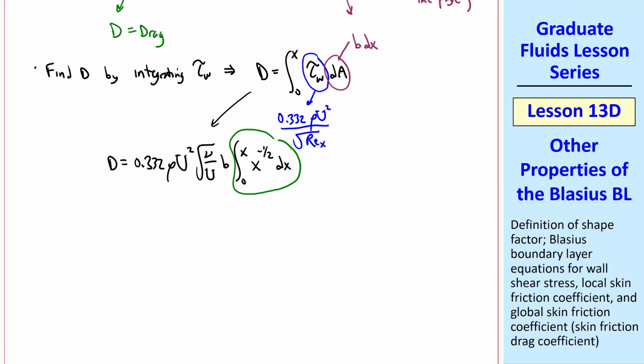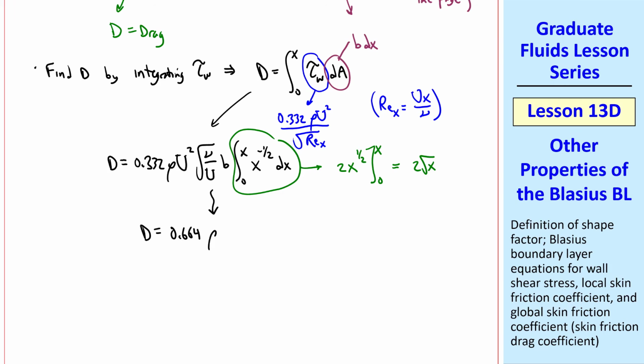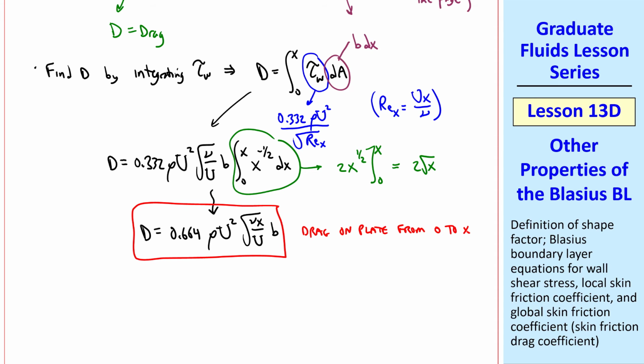This is a simple integral, namely 2x to the 1/2, and when we put in the limits, we get 2 square root of x. I should have noted that we used Rex as ux over nu to get this. When you simplify, we get D equals 0.664 rho u squared, square root of nu x over u, times b. This is the drag on the plate from 0 to some x location.